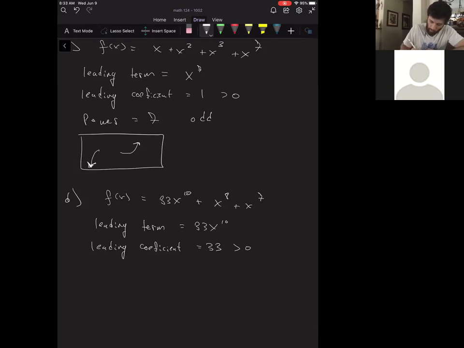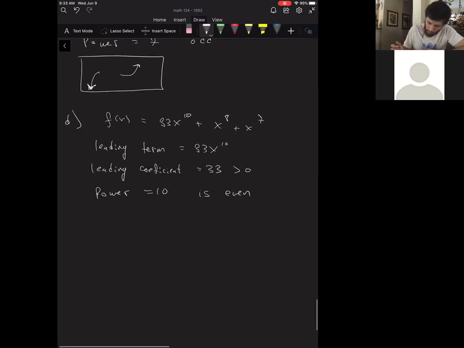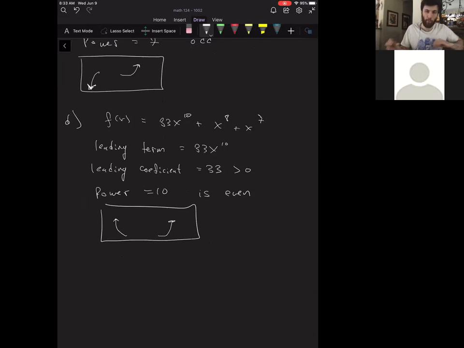And then the power of 10 is even. So we have a positive leading coefficient and an even power. That means we're going to go up on the left and up on the right. So these above 4 examples are the only types of examples we can have, which goes over those 4 cases that we talked about.